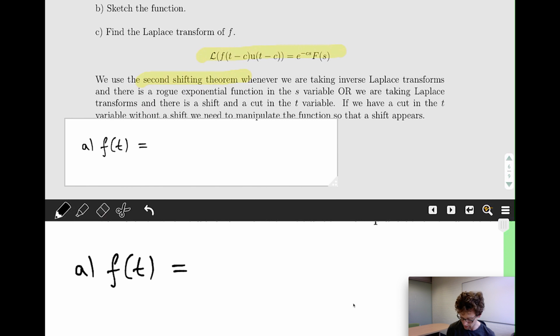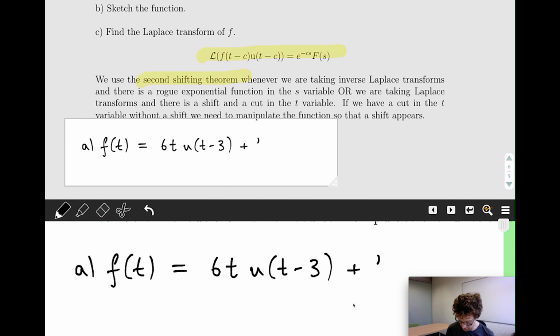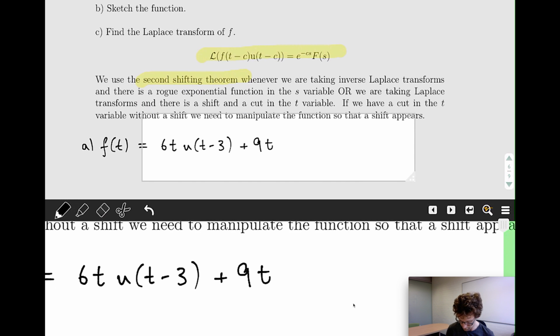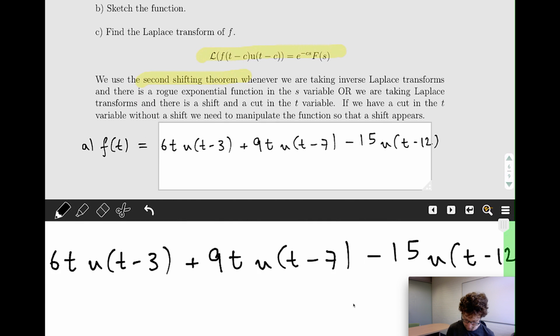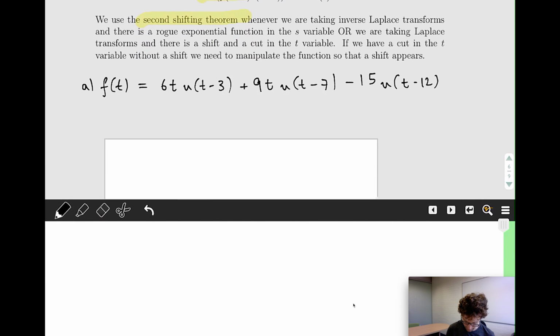We've got 6t u of t minus 3, plus 9t u of t minus 7, minus 15 times u of t minus 12.